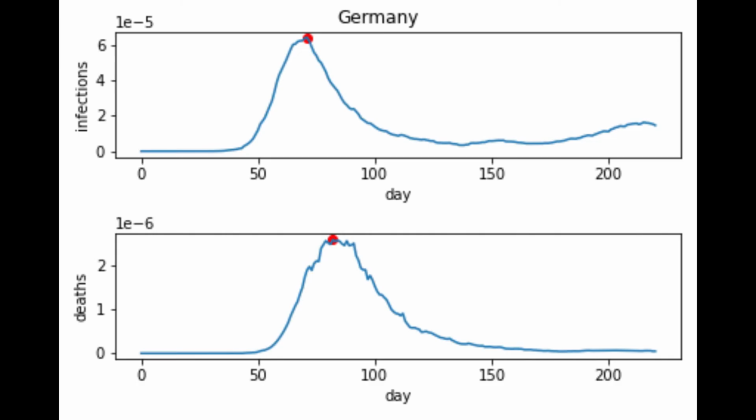Germany kind of follows the same pattern as France. So we see a small rise in the amount of infected people again after some time, without a rise being observable in the amount of dying people.